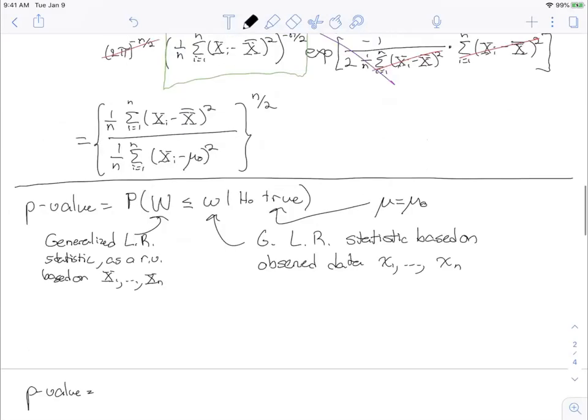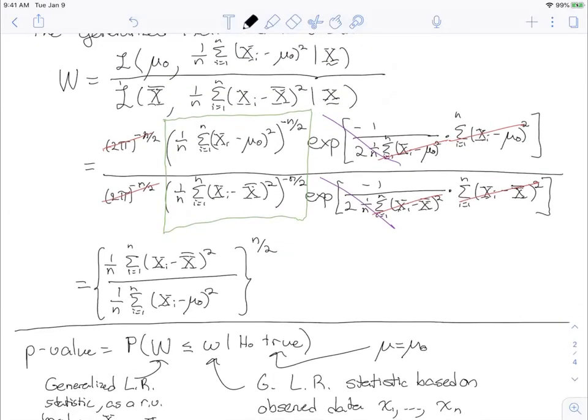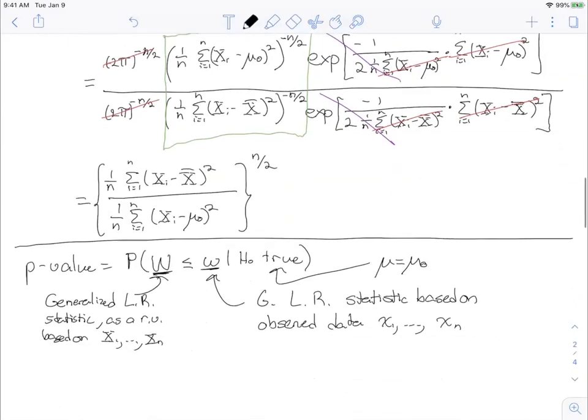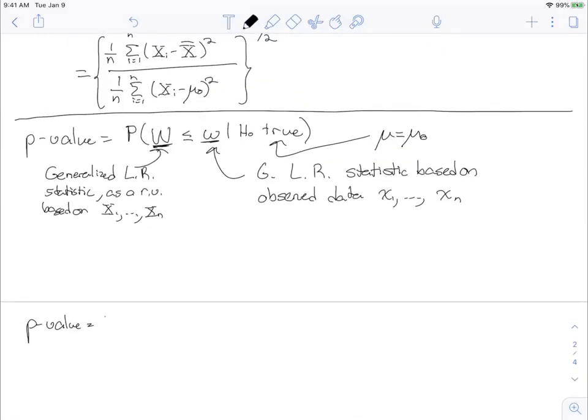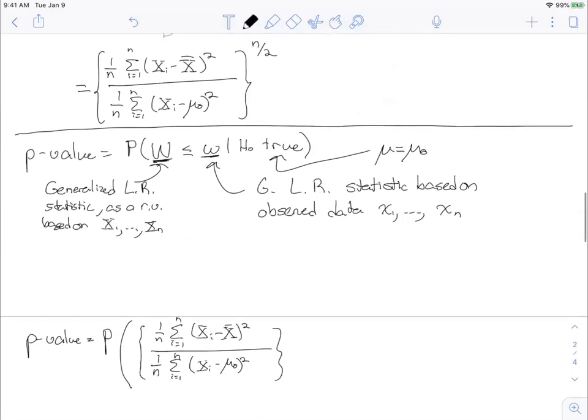And so just to be clear, we're calculating the probability that W is less than or equal to lowercase w. And at the top section of the screen now, we found an expression for W that's simplified. So for the p-value, I'm going to want the probability that W, which looks like this, and the power of n over 2.